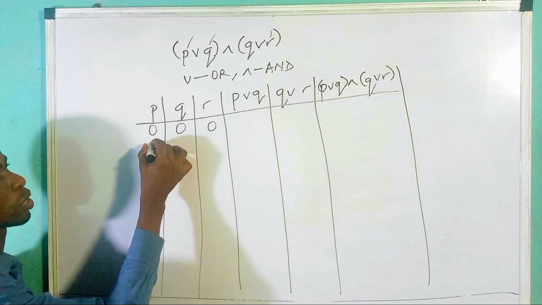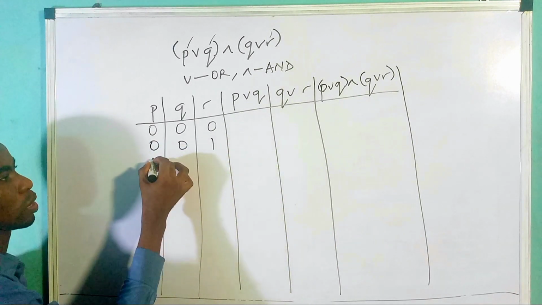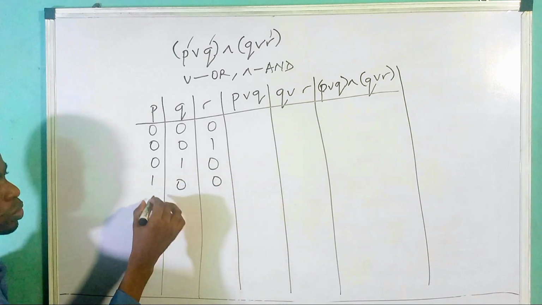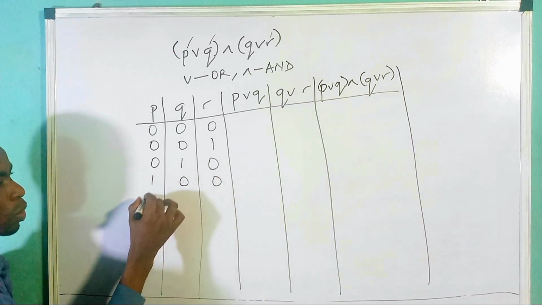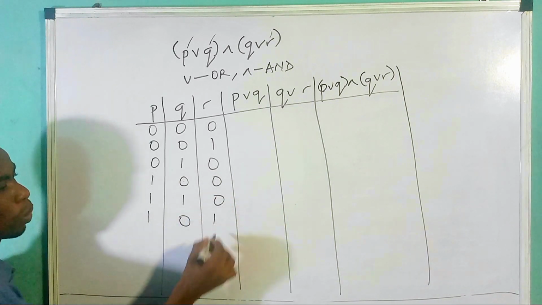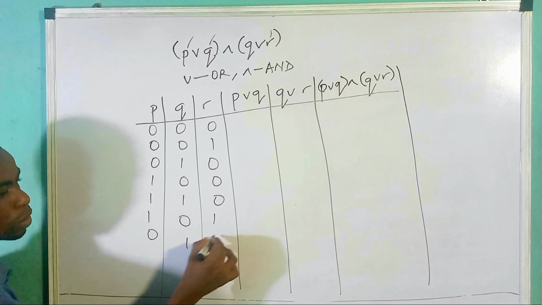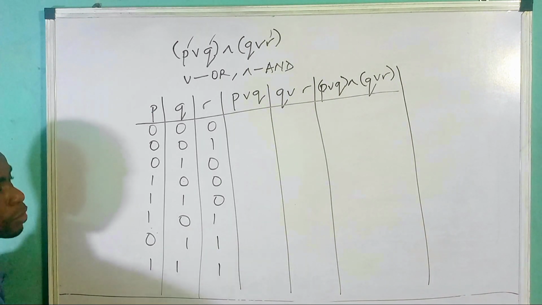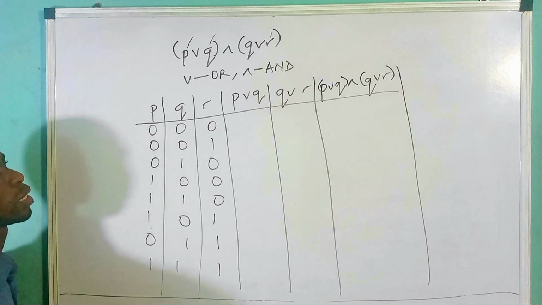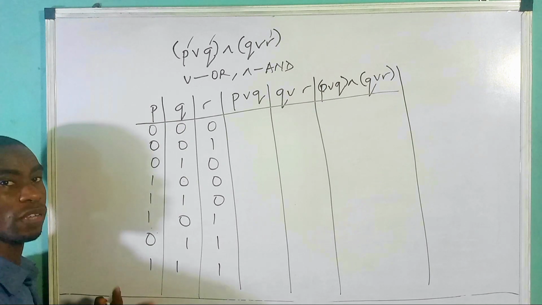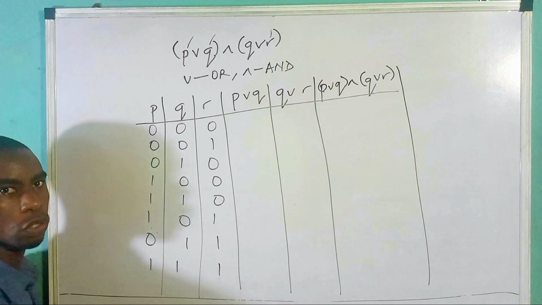So we have 0, 0, 0, 0, 0, 1, 0, 1, 0, 0, 1, 1, 1, 0, 0, 1, 0, 1, 1, 1, 0, and 1, 1, 1.